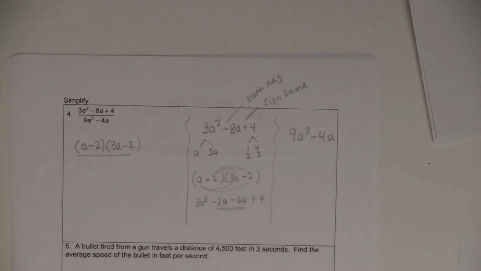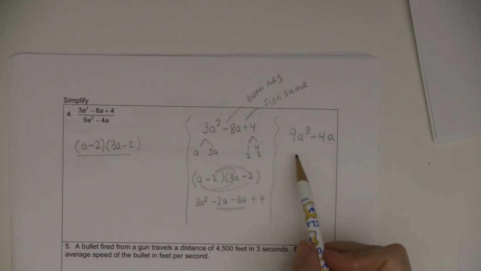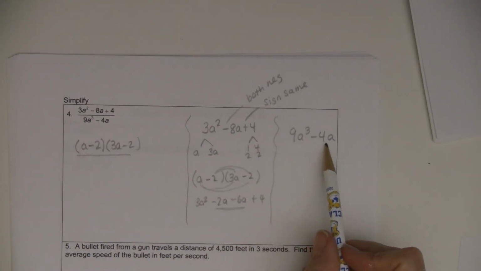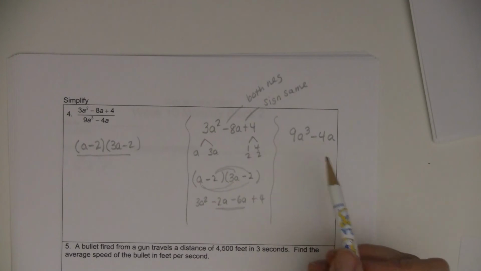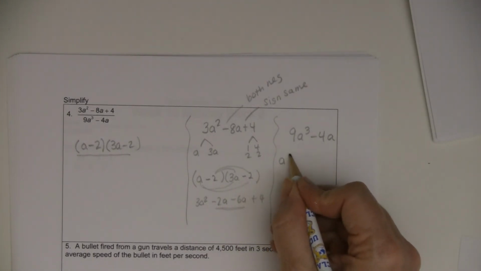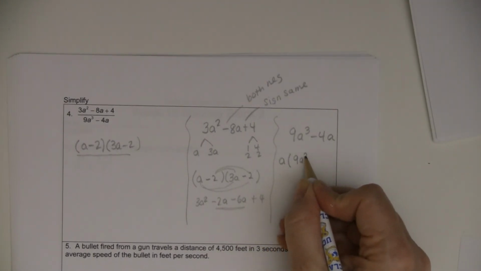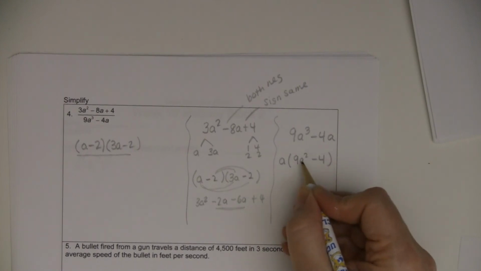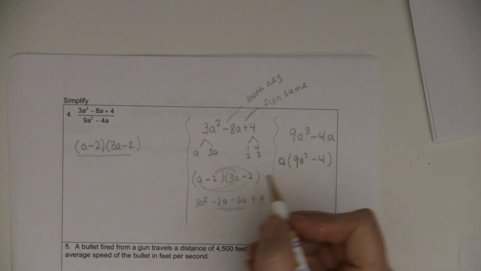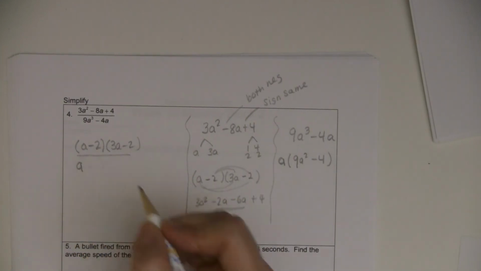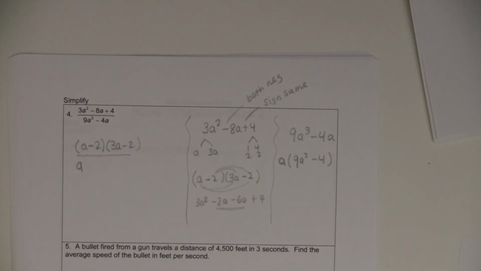And my denominator is going to be, anytime that you're factoring, you would find the greatest common factor. And the greatest common factor here is a. So I would pull out an a. So this is 9a squared minus 4. And it's still a binomial. I'm done with the a, right? If I wanted to put the a underneath so I don't forget it, I could, because I am certainly ignoring the a for a moment.